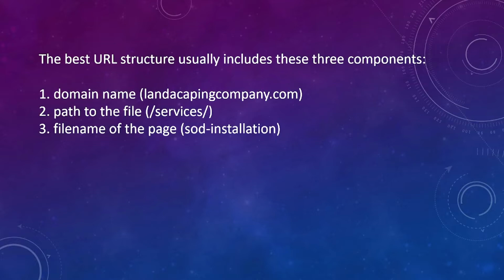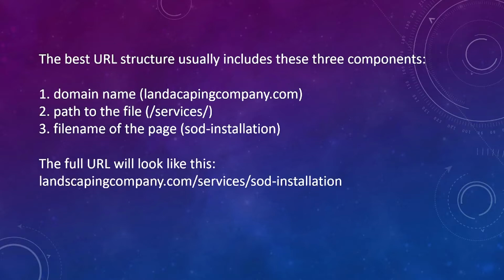Then the file name of the page, it could be sod-installation. So the full URL will look something like this: landscapingcompany.com/services/sod-installation. So that's an SEO-friendly URL, so that we have keywords in there that Google and other search engines can understand.